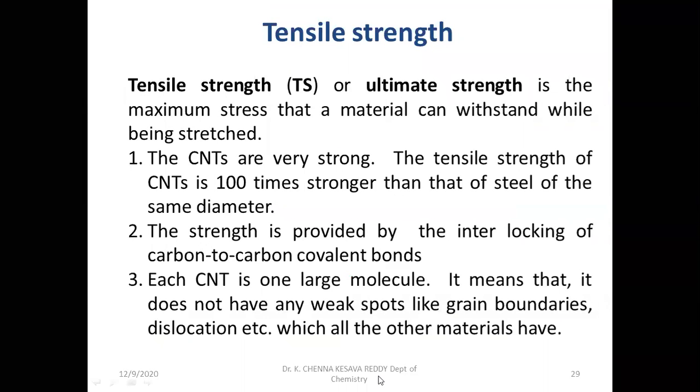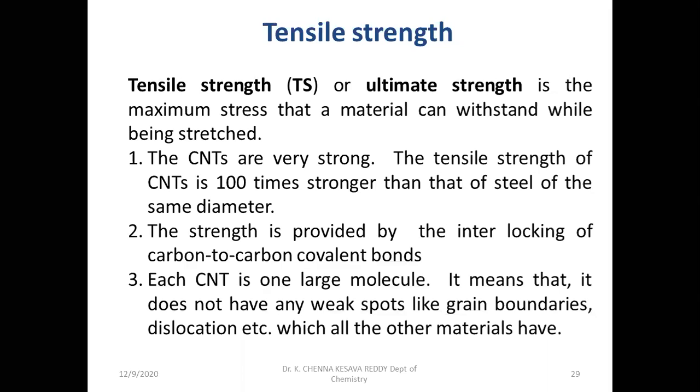And because of the interlocking of carbon-carbon bonds, it cannot rotate, like a cyclic thing. 1,3-butadiene can have a cis and a trans form. Here it is locked, the interlocking of carbon-carbon covalent bonds. Due to this locking, the graphene layer or carbon nanotubes are very, very strong.